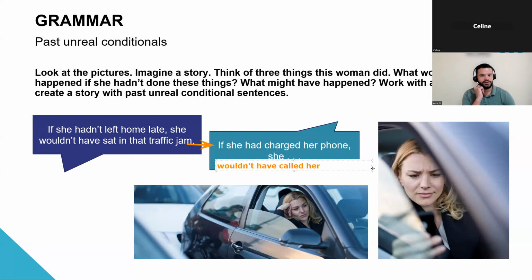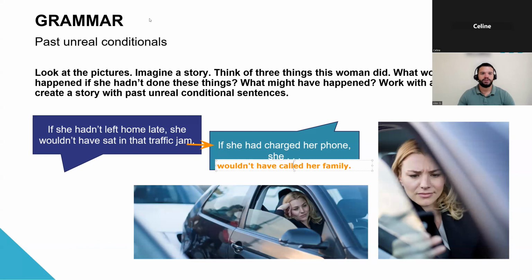I can't hear that last part, Celine. She wouldn't have called her family. Very good. All right. Exactly. So if she hadn't charged her phone, she wouldn't have called her family. Just remember to always use would plus have and then plus the past participle, okay?